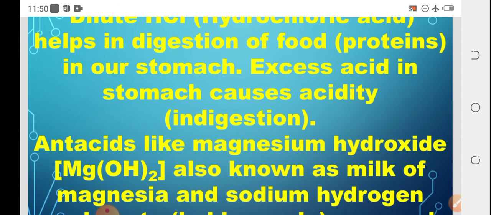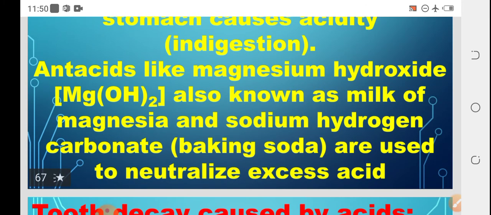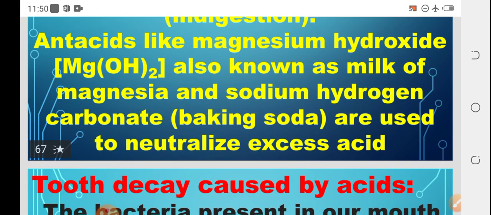Digestion of food happens in our stomach. Excess acid in stomach causes acidity, that means indigestion. Antacids like magnesium hydroxide, also known as milk of magnesia, and sodium hydrogen carbonate, that is baking soda, are used to neutralize the excess of acid.